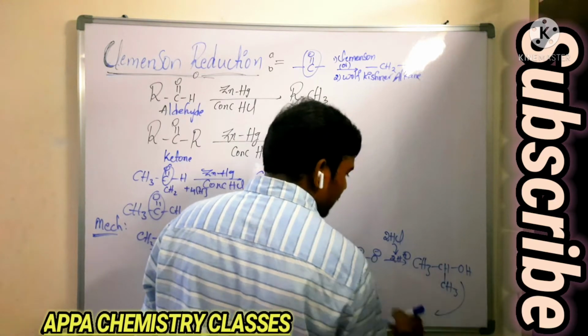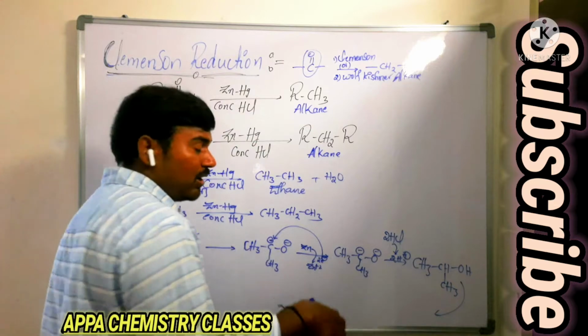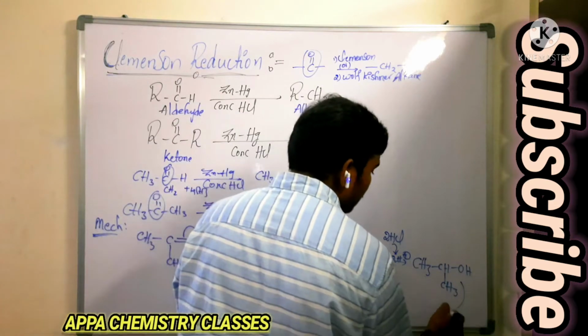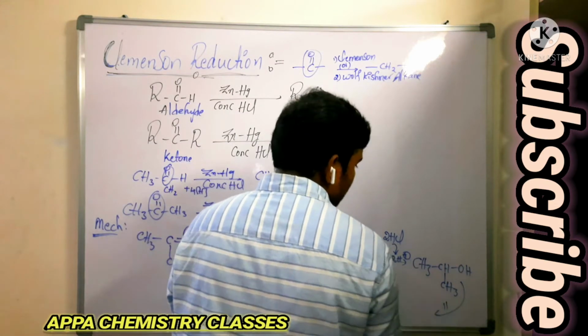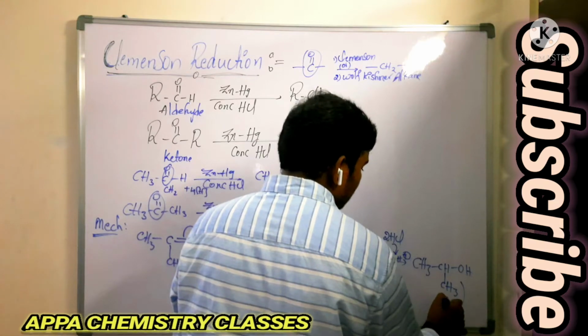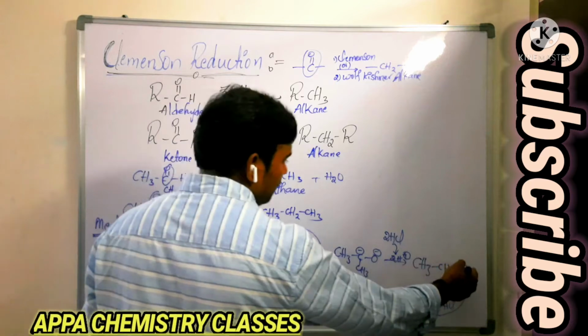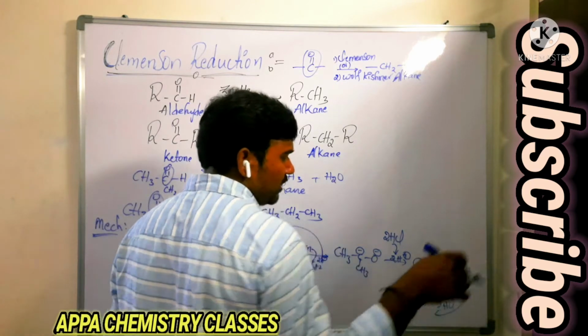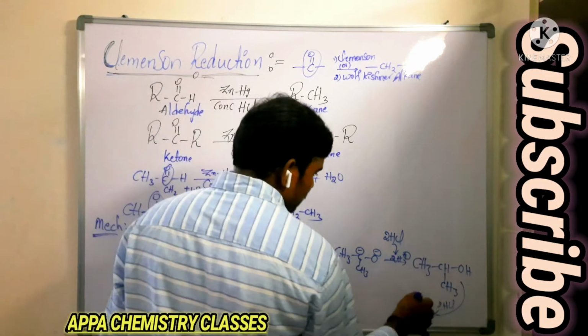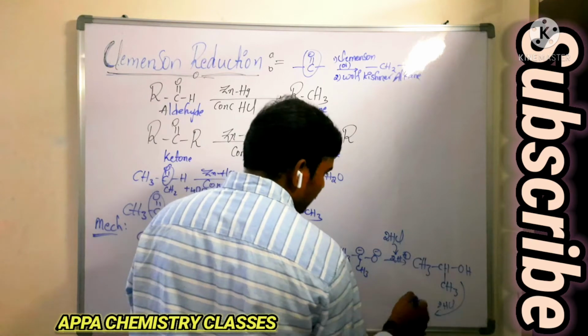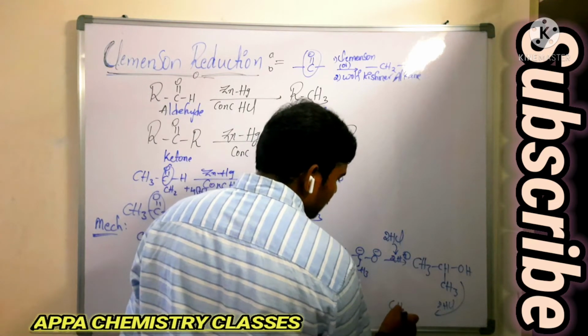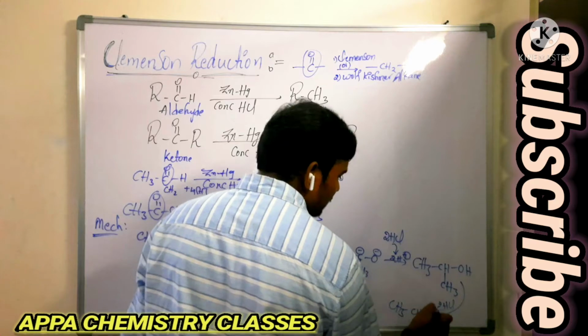On again acidifying, that is with HCl, what happens? The OH group gains an H plus ion, becomes OH2 plus, and is removed as water.